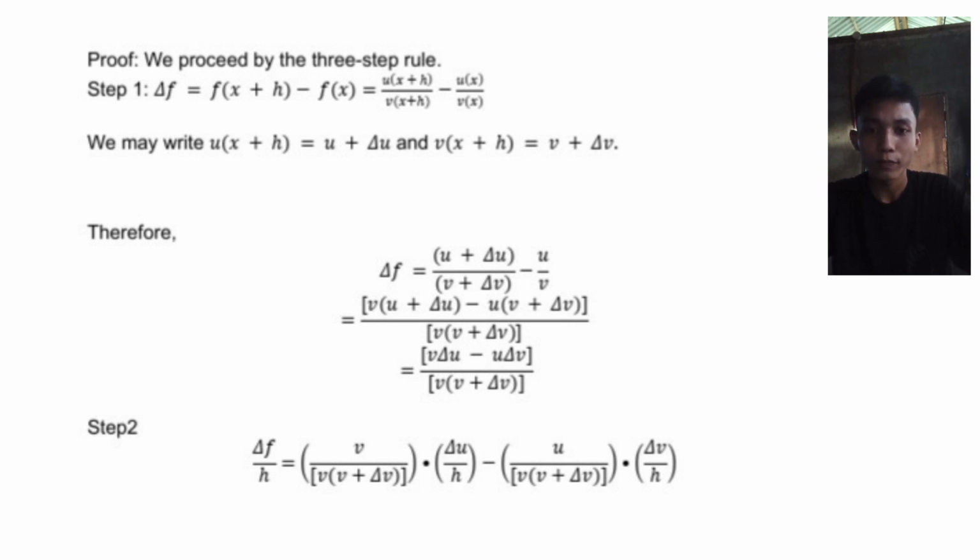After that, we did some algebraic simplification, so it becomes delta f is equal to v delta u minus u delta v over v multiplied by v plus delta v.